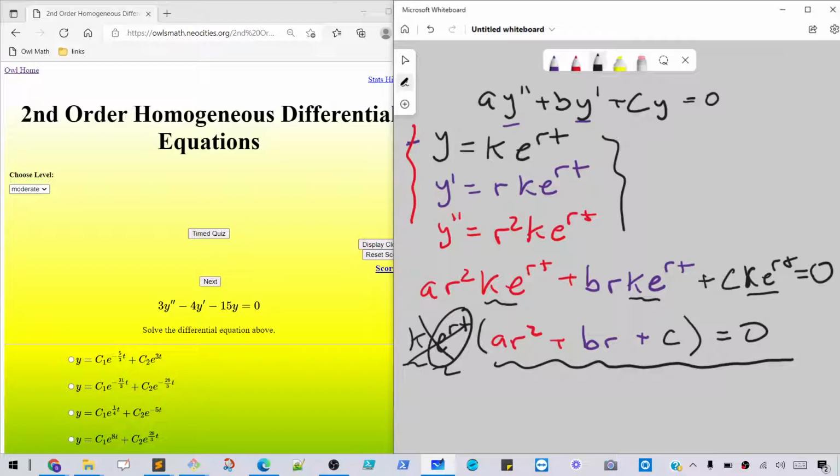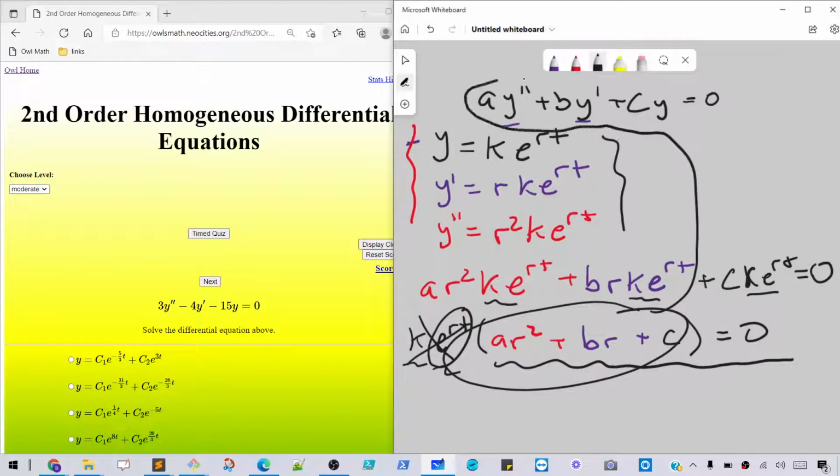The great thing here really is that we have just a quadratic equation that we know how to solve from algebra, using factoring, the quadratic formula, whatever techniques you have for solving a quadratic. But not only that, it is also in the exact same form as the differential equation up here.